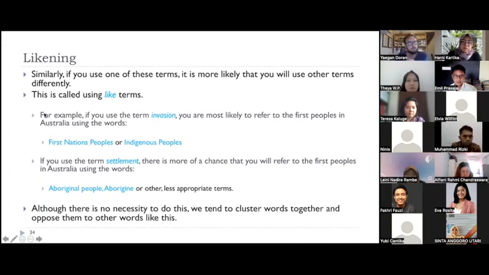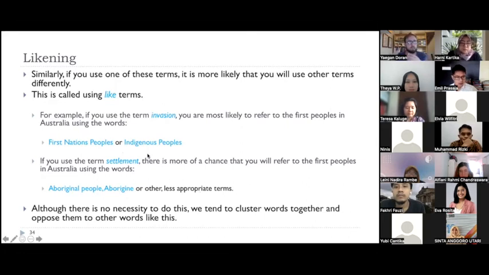So for example, the people that use the term invasion to refer to Europeans coming to Australia are most likely, I would suggest, and just from the text analysis I've done as well, to refer to the first people in Australia as First Nations peoples or Indigenous peoples. So although they refer to different things, they're likened to each other. If you use this term, you'll probably use this term. Whereas if you use the term settlement, there's more of a chance that you might use the term Aboriginal people or Aborigine or other terms.